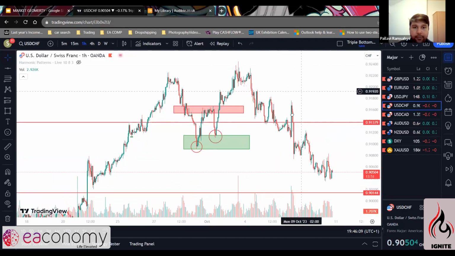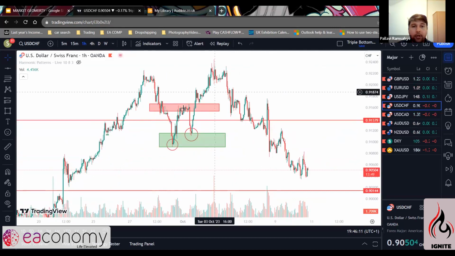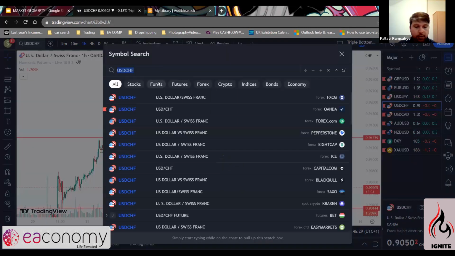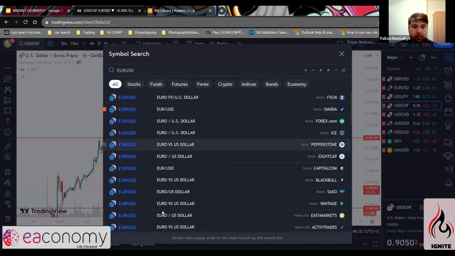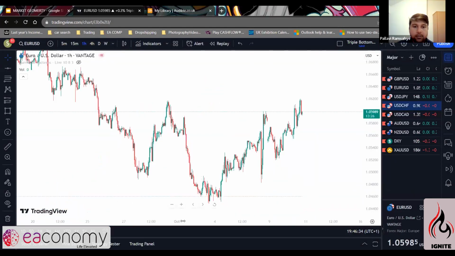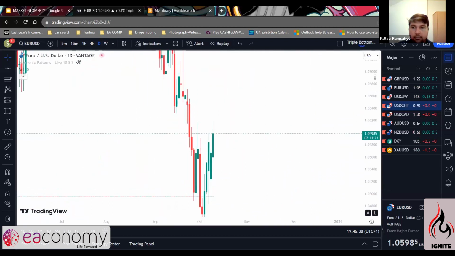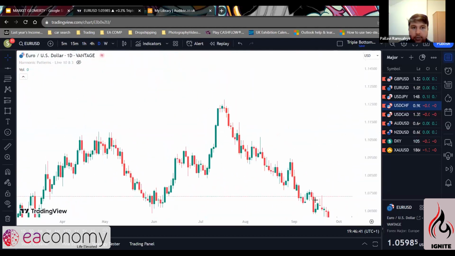Because I'm always looking for patterns, with my patterns I can be looking for reversals, because sometimes I look to swing the market. So let me look for a quick example. Let's do Euro USD. Let me go to the daily. Let's say I'm looking to swing the market.